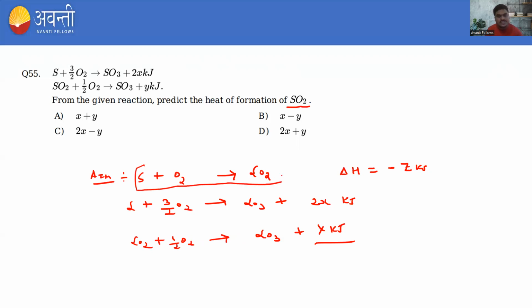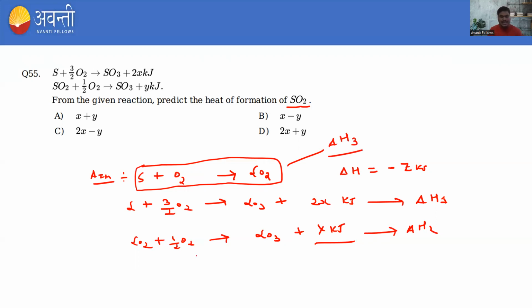From these two equations, how will you find SO2? If I name this delta H1, this delta H2, and this delta H3.